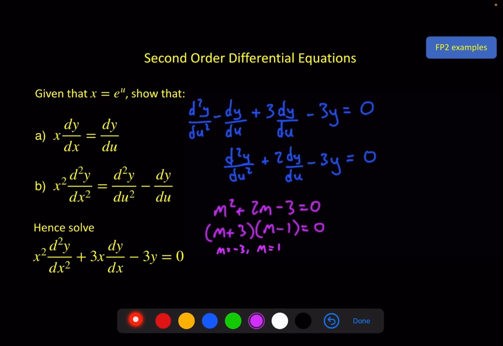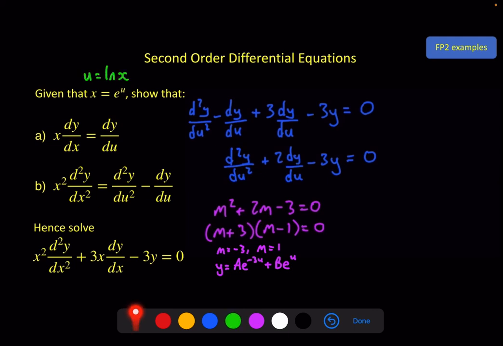So our final solution for the equation in terms of u is y equals a e to the minus 3u plus b e to the u. But remember, we don't want u in our final solution because this equation doesn't have any u's. We want x's. To change this back into x's then, we go right back to the original transformation, and we note that if x is equal to e to the u, then u must equal natural log of x.